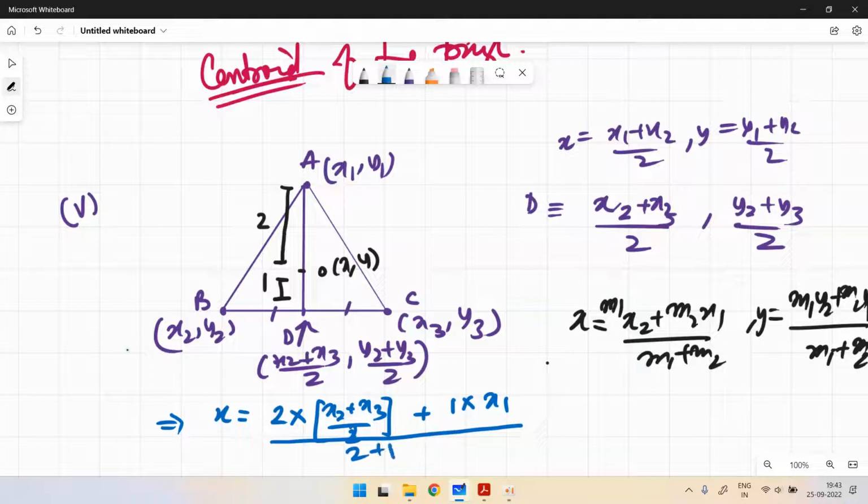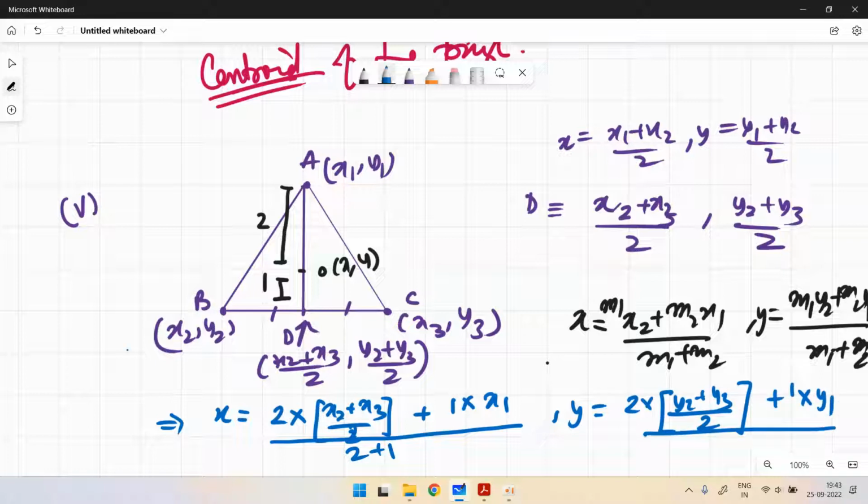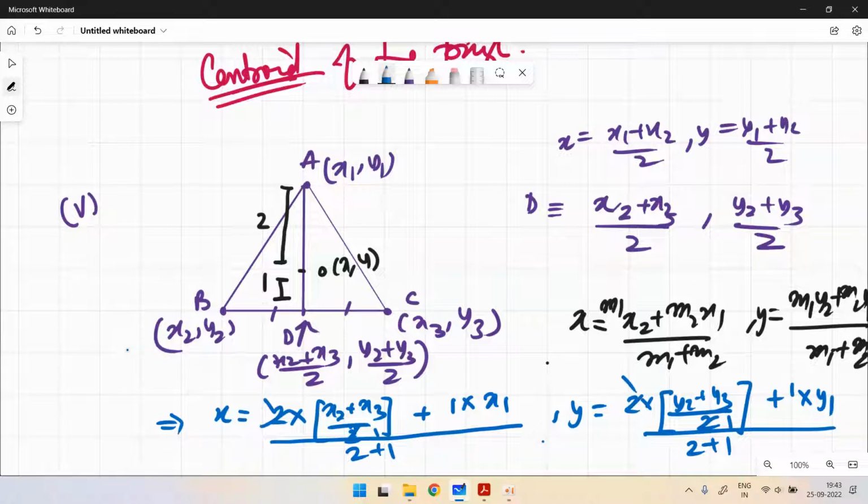Similarly for y, it is 2 into y2 plus y3 by 2 plus 1 into y1, by 2 plus 1. Now if you see, the 2 and 2 get cancelled, and this also.